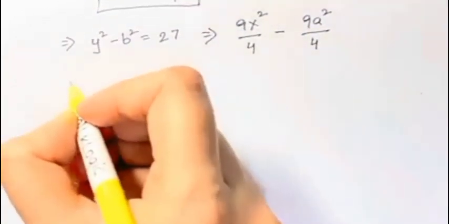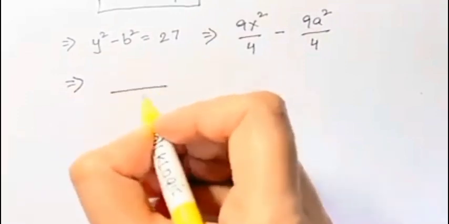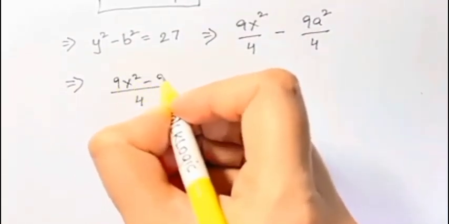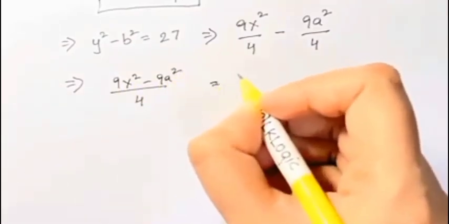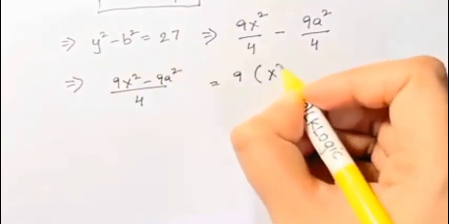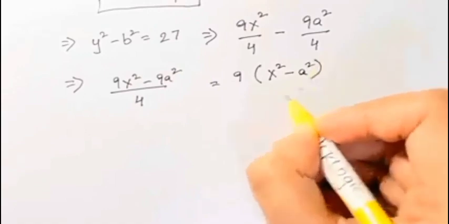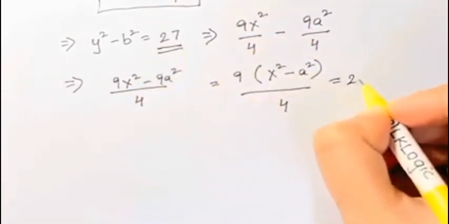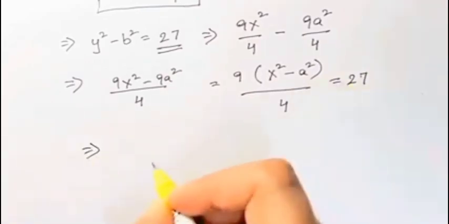Now as the denominators are same, I'm going to take that 4 common, I'm left with 9x square minus 9a square. Let me take out 9 common, so I'm left with x square minus a square over 4, which is equal to 27. Let us cross multiply.